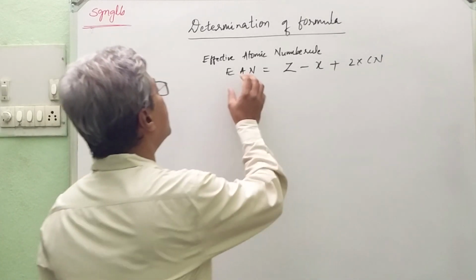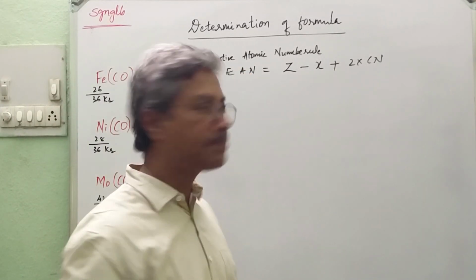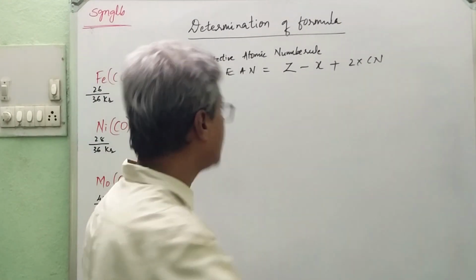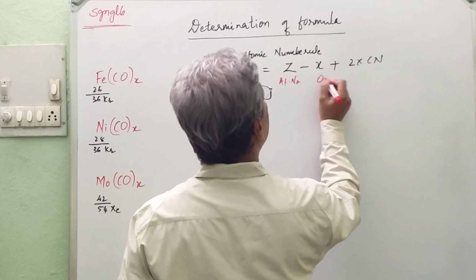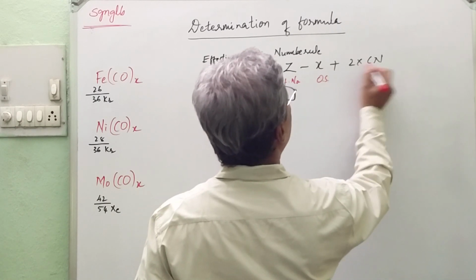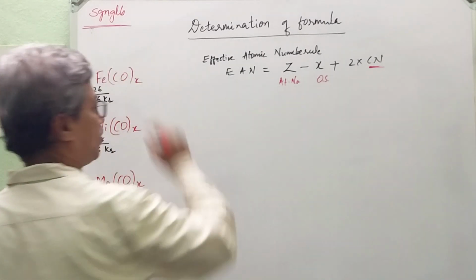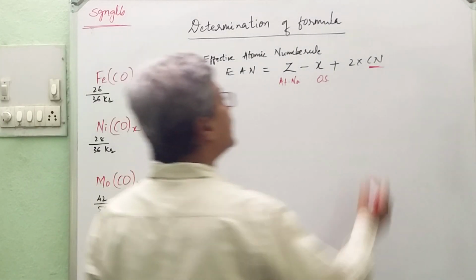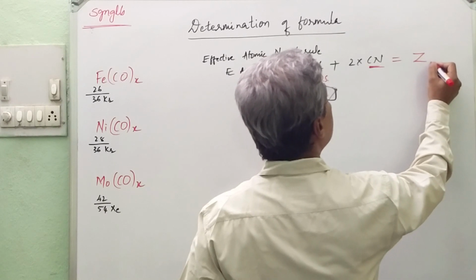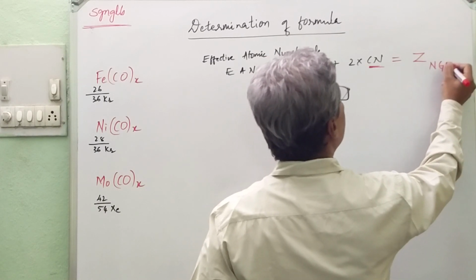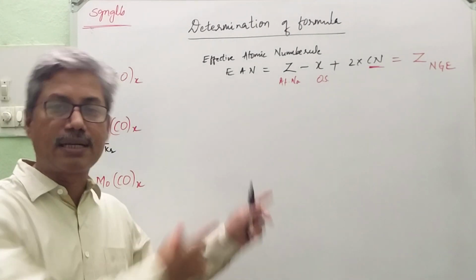Remember this: effective atomic number is equal to Z, the atomic number of the metal atom or ion, minus X, the oxidation state, plus 2 times the coordination number. This is the coordination number that we will have to find out. Well, this must be equal to the atomic number of the nearest noble gas element. This is a simple technique that we have to use.